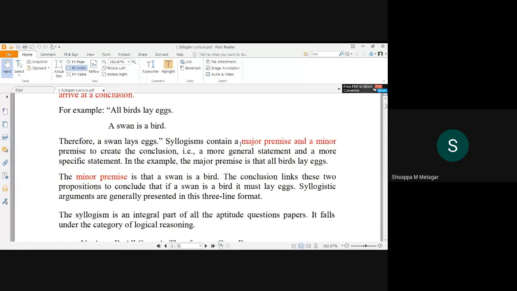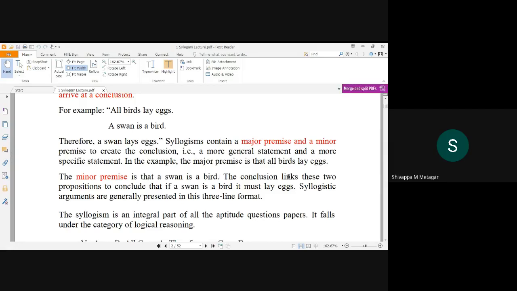Syllogism contains a major premise and a minor premise, and the conclusion. The major premise is the more general statement and the minor premise is the more specific statement. In the example, the major premise is that all birds lay eggs, and the minor premise is that a swan is a bird.